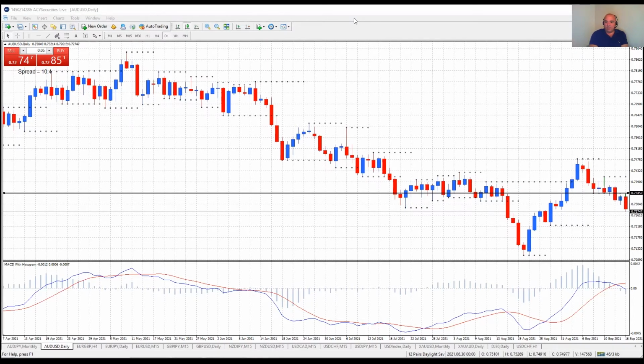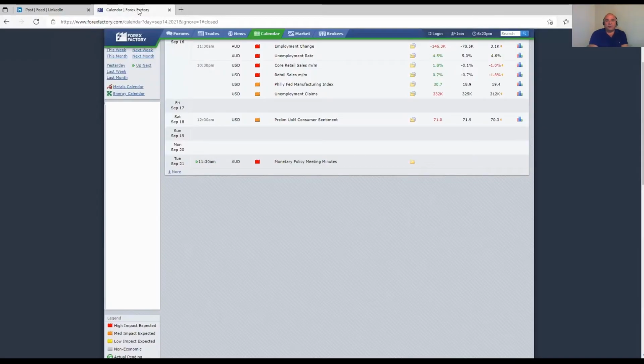So we'll just go back in here and we'll move it over, and you'll have a look at what occurred sort of September 16 onwards. The big news, of course, on the Aussie side, was this employment change, which I discussed earlier. It turned out to be a lot worse. Believe it or not, though, even though a lot more people lost jobs on the previous month, the unemployment rate improved.